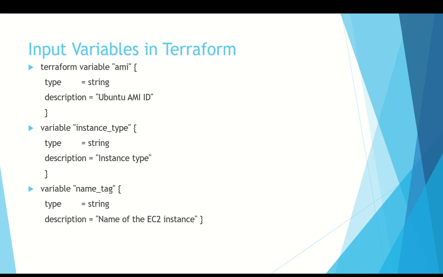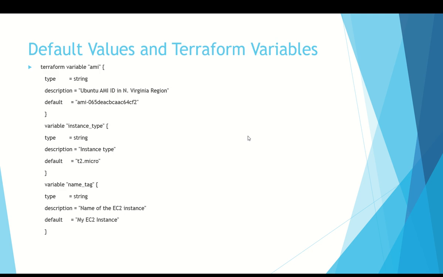So we'll be discussing the default values and Terraform variables. Default values can be assigned to variables in Terraform to avoid supplying values one by one during apply. Default values can be declared in the variable declaration itself.